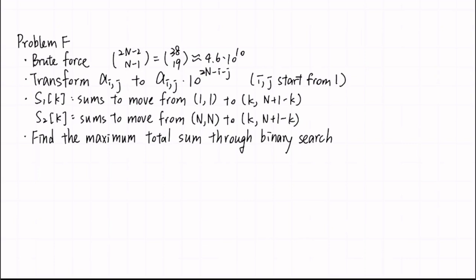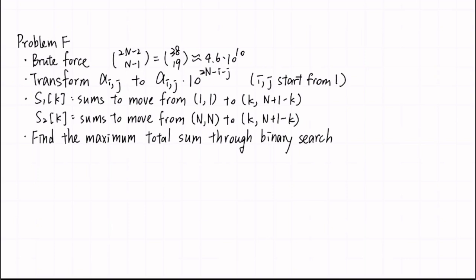And since we want to perform meet in the middle, this would reduce the time complexity, since we would only need to check a path from 1 1 to the middle k, n plus 1 minus k, and another path from n n to k, n plus 1 minus k.